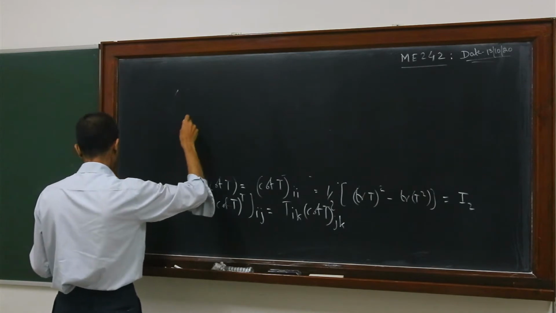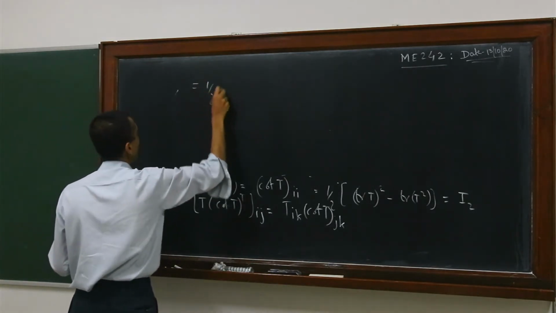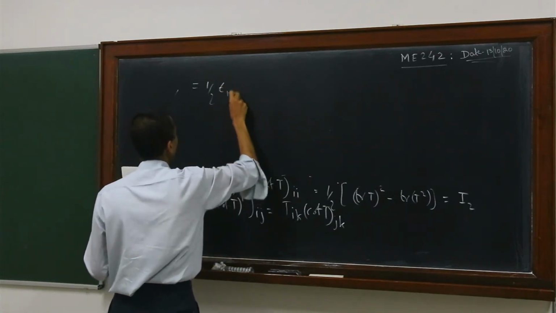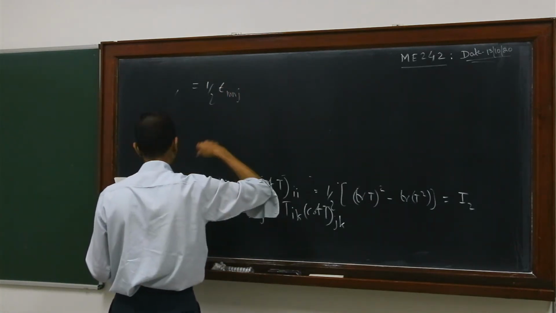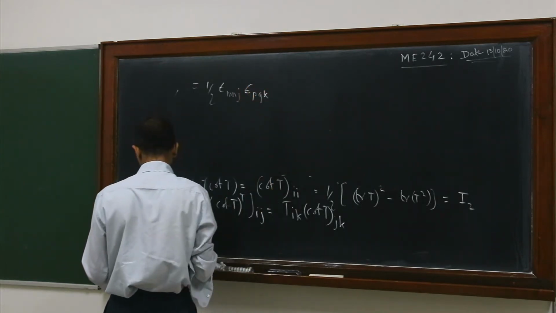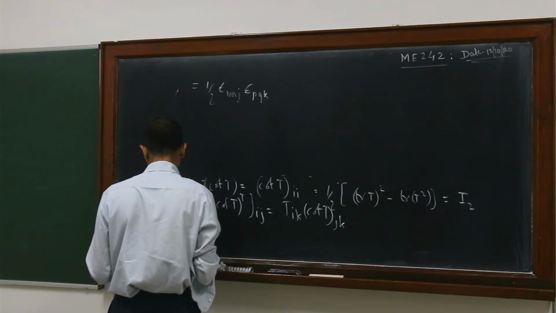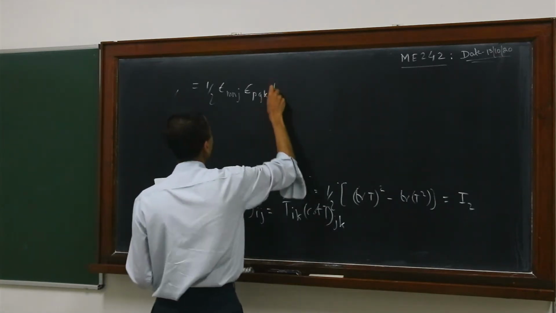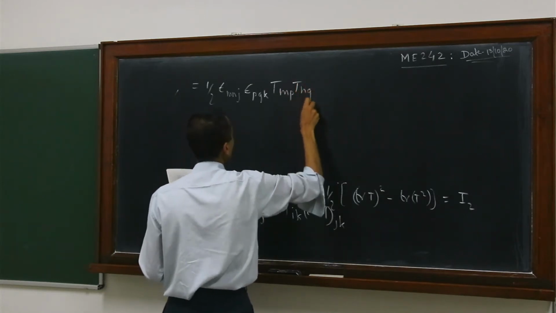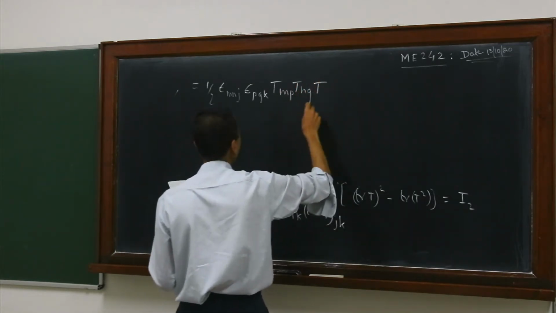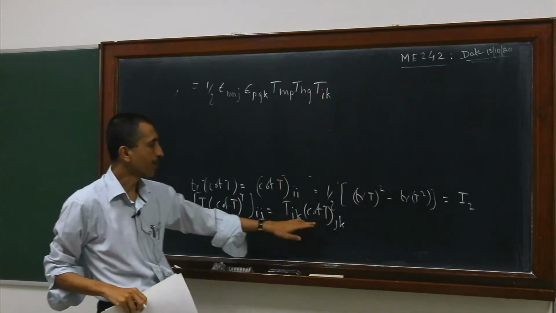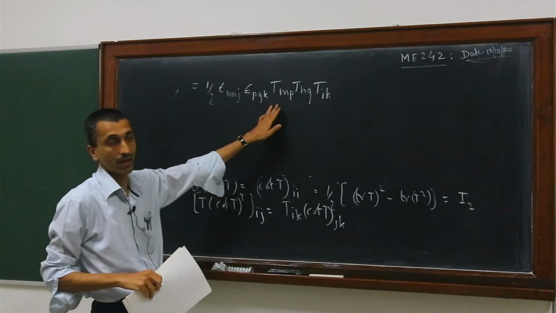So this is equal to half of epsilon_mnj epsilon_pqk T_mp T_nq T_ik. So I have simply substituted the components of the cofactor into this expression here.